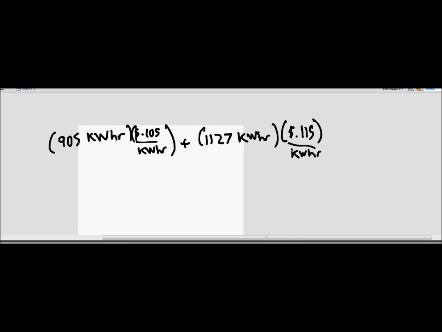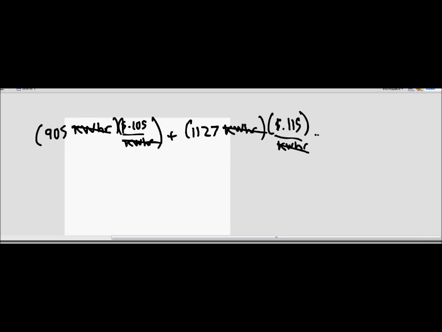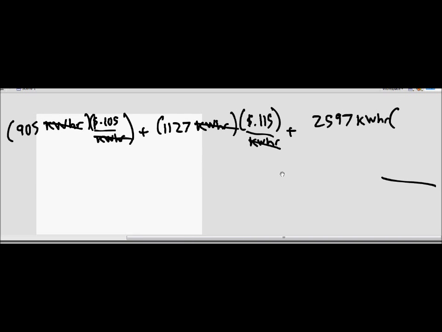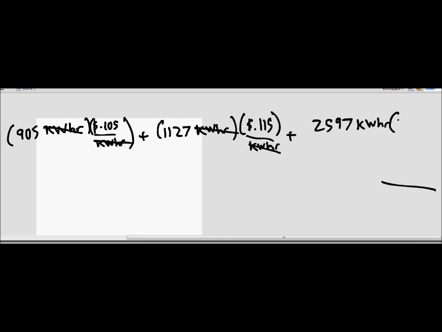The main point of putting the over kilowatt hours is that the units will cancel and you'll be left with just dollars on top. And then for the last one, that's times the rate, which is 0.135 over kilowatt hours.